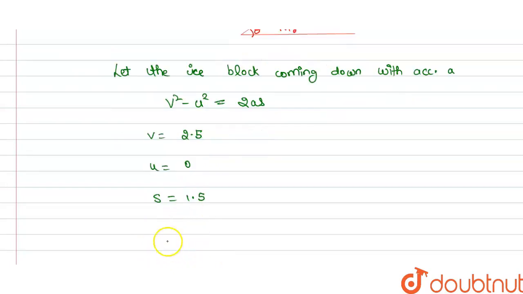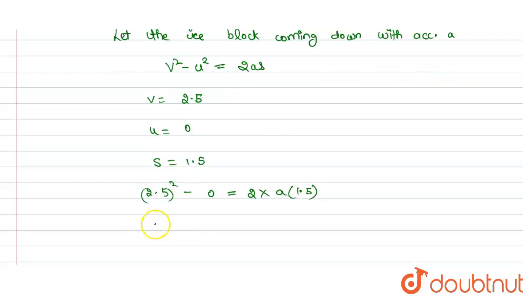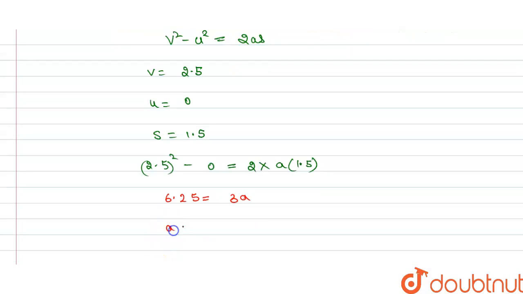Putting the values, we get 2.5 square minus 0 square is 0, and 2a into 1.5. So this is 6.25, and this is 3a. From this we get acceleration a is 2.08 meter per second square.